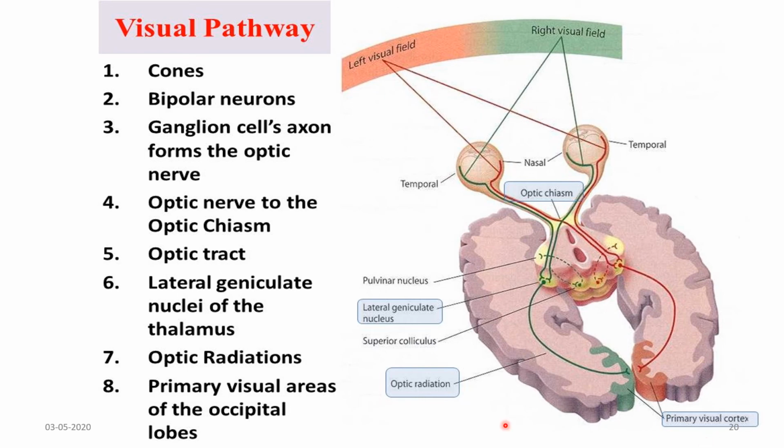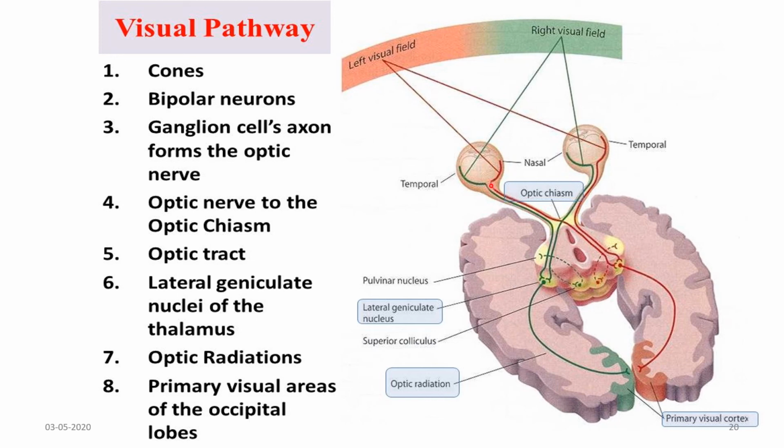So in the visual pathway, you will come across the cones, the bipolar neurons, the ganglionic cells of the retina that will form the optic nerve. The optic nerve you can see in this picture.